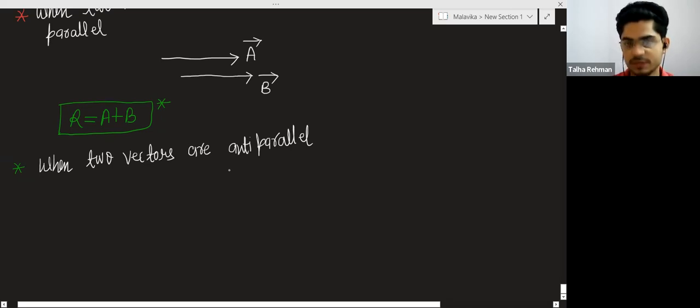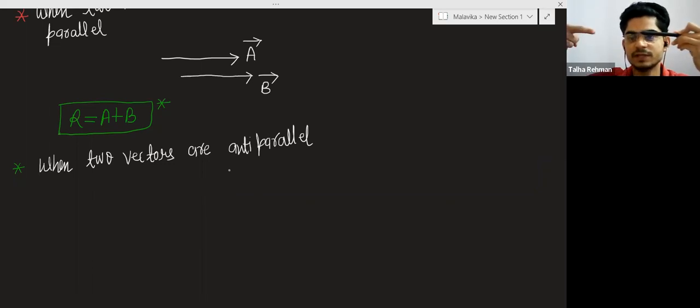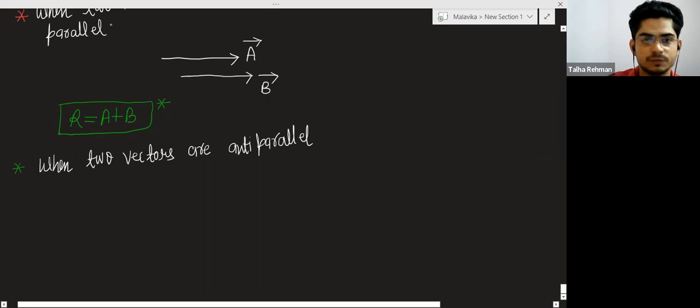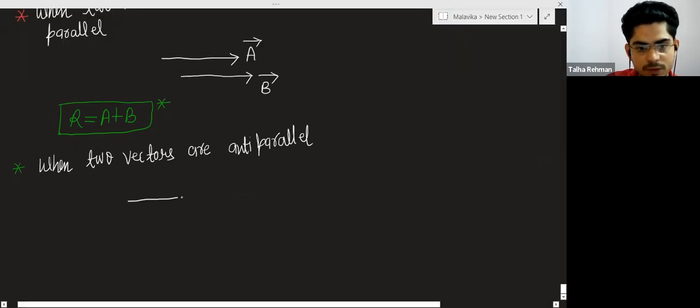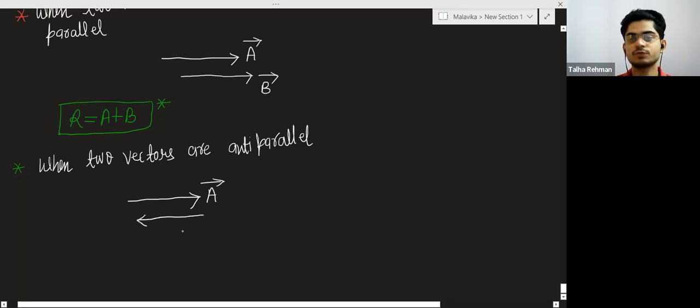Anti-parallel means this is one vector going in this direction and there is another vector like this, meaning the directions of the two vectors are opposite, A vector and B vector.